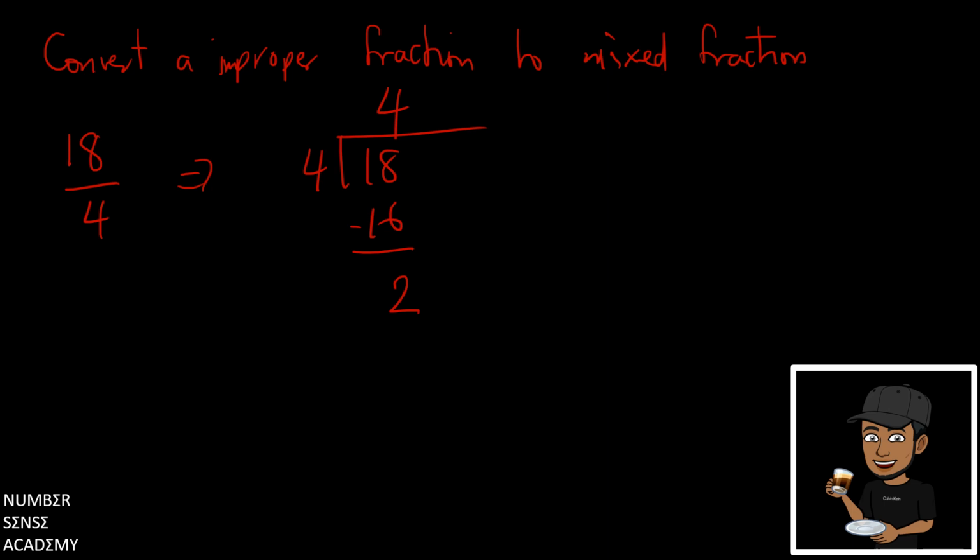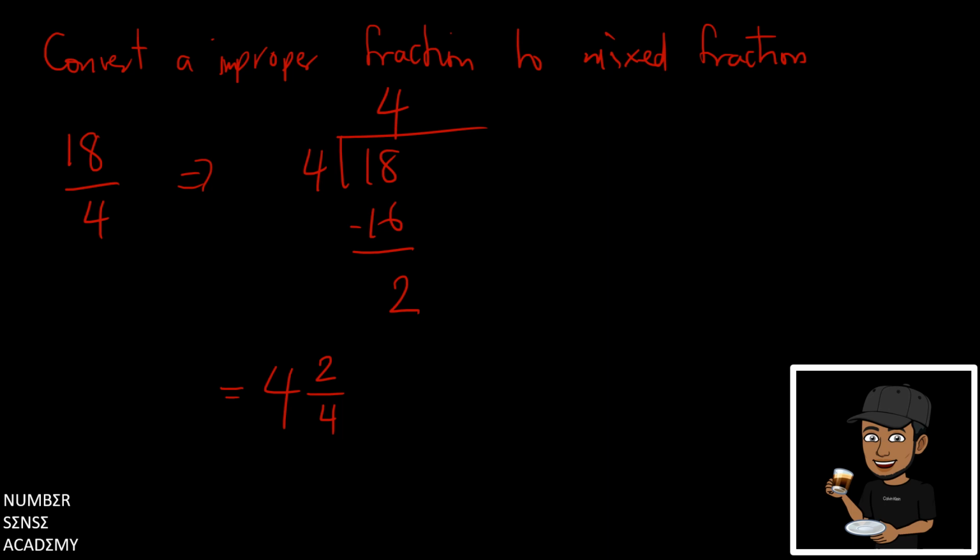So this becomes my whole number, which is my quotient, so that's 4. My remainder is my numerator, so that's 2. And my divisor remains my denominator.